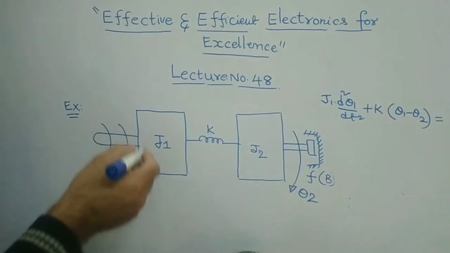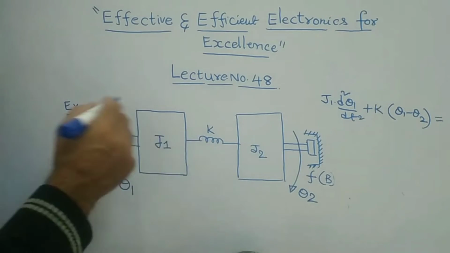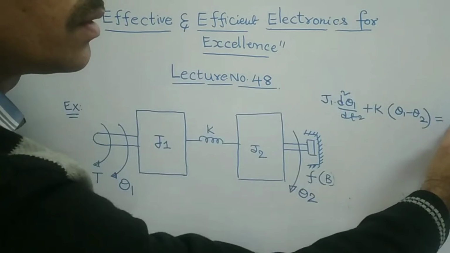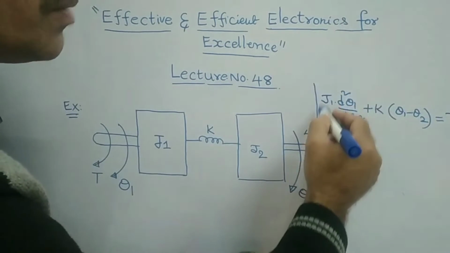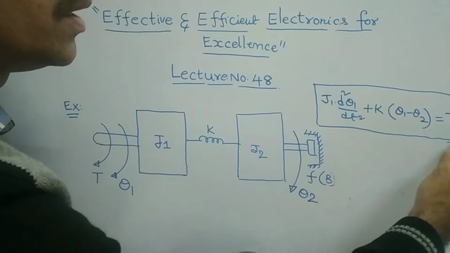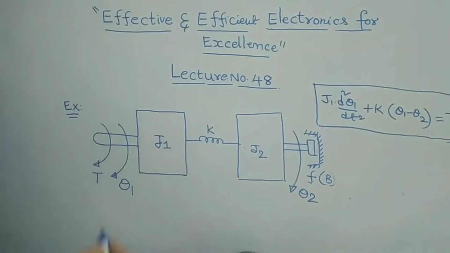There is no damper coefficient here. You can put this in a box and call it equation number 1. Clear? This is equation number 1.